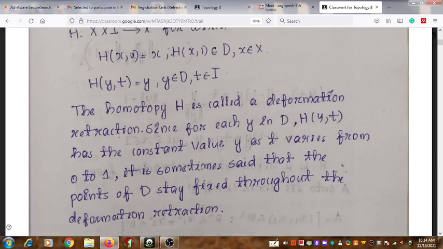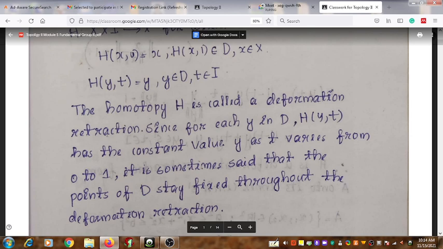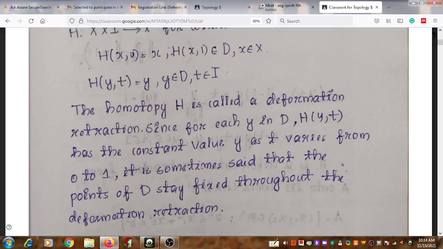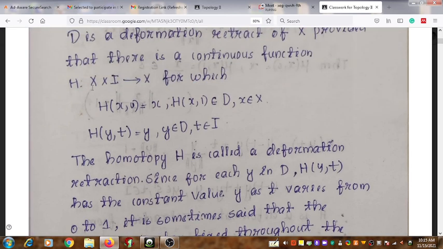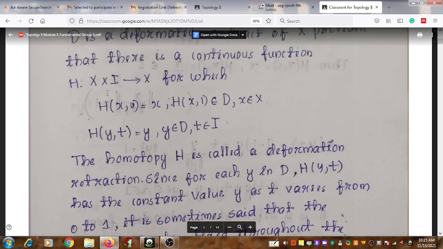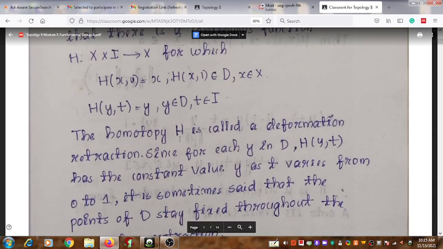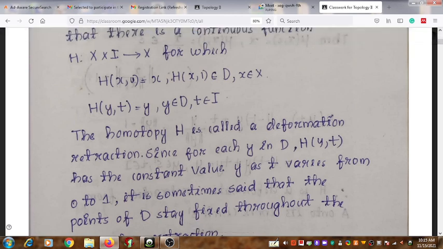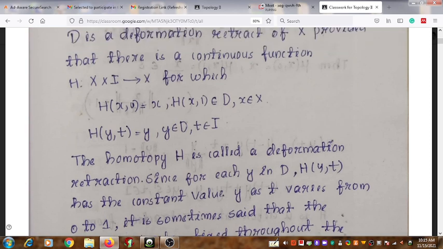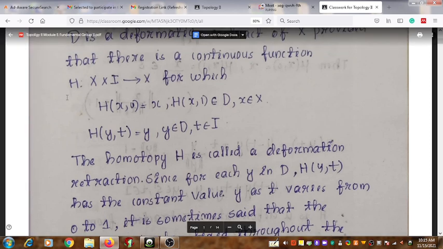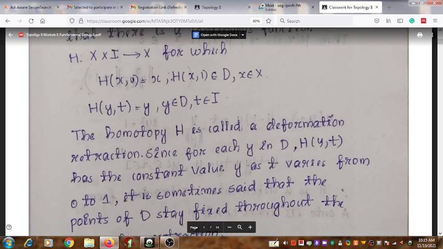The homotopy H is called a deformation retraction. H is a homotopy here because it has the characteristics of a homotopy, and it will be called the deformation retraction.